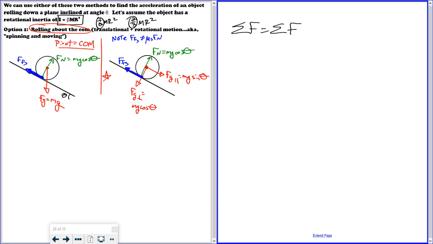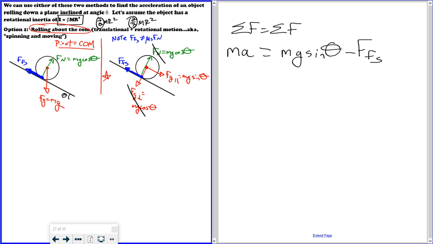Mass times acceleration equals, well, my FG parallel is pulling in the direction of acceleration, minus friction, which is working against the motion. But I don't know what friction is, so I just have to leave it like that, right? And then notice my normal force and my perpendicular component of gravity, those cancel out, right? Okay, so that's one equation.